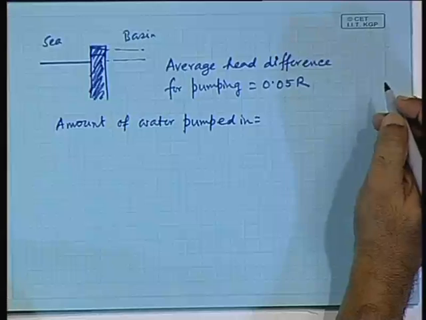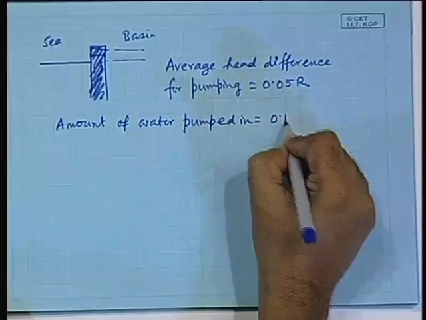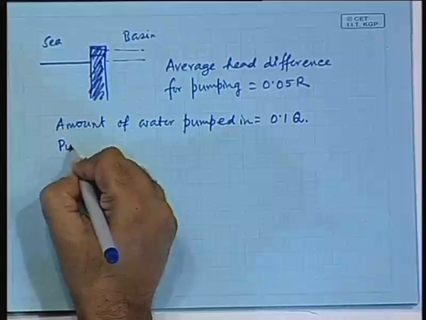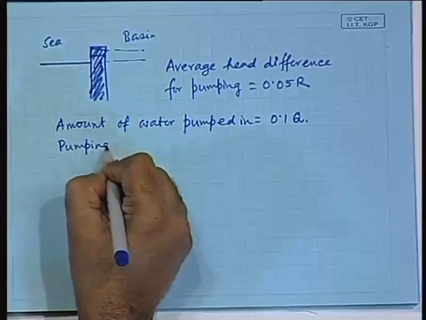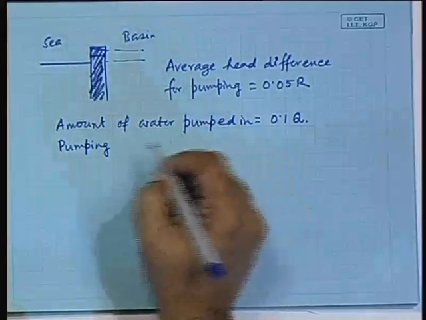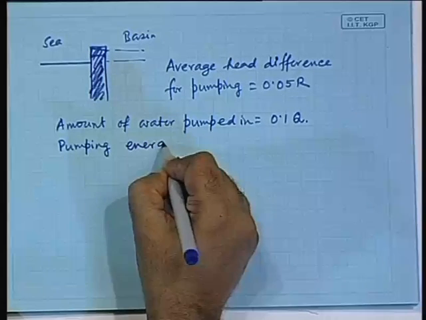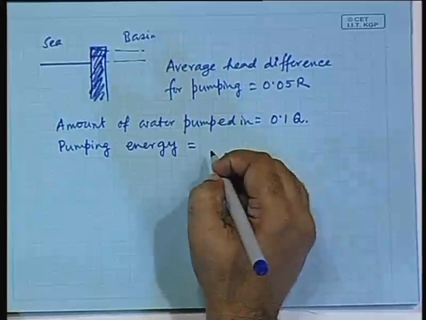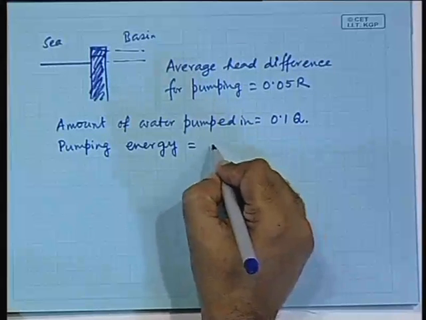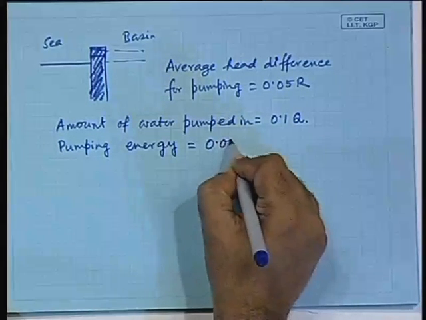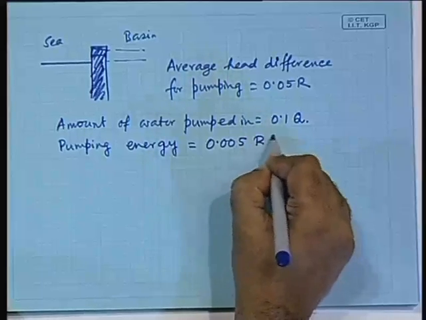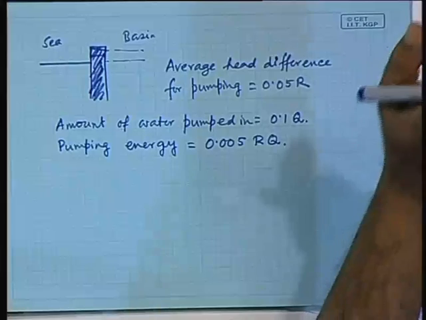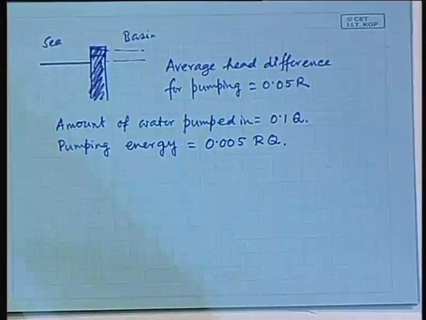So, pumping energy, not power, is this times this. So this is 0.005 R Q. That amount of energy has been spent in the pumping affair.